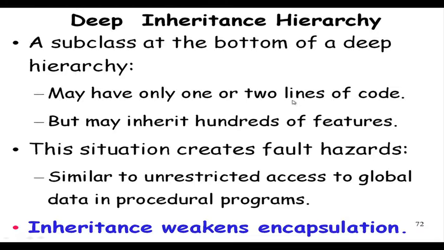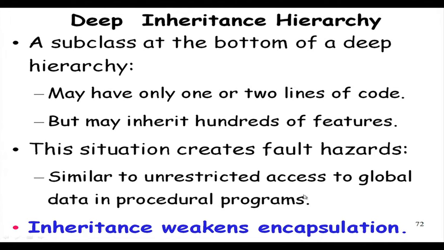In a derived class, we might just add one method or two methods or a few data variables, but all those inherited methods have to be tested again, and also we have more chances of faults occurring here, because too many methods are interacting with each other, accessing through global variables.